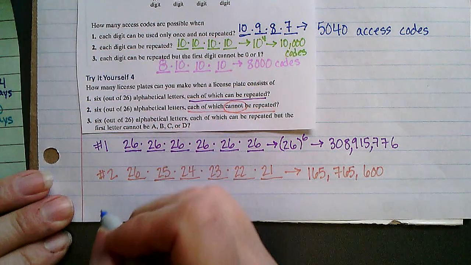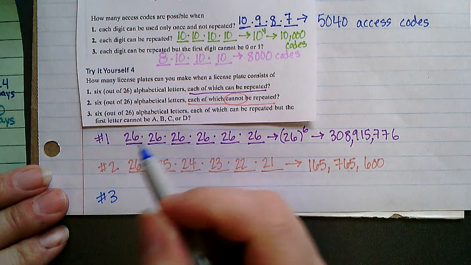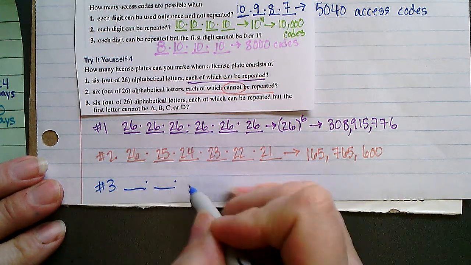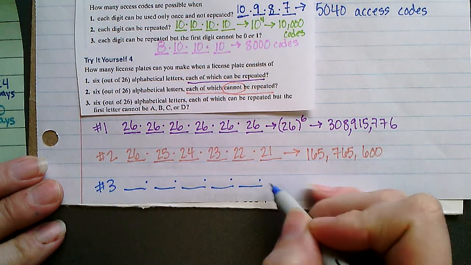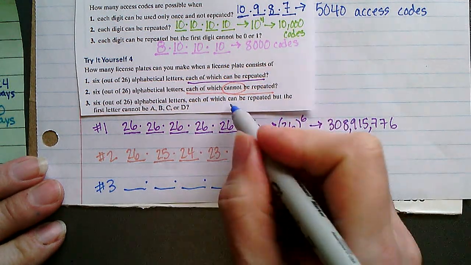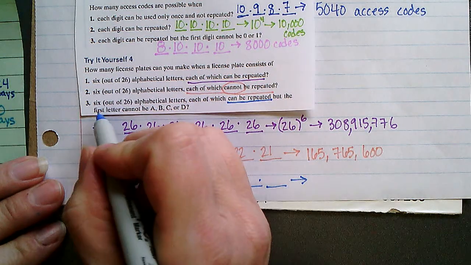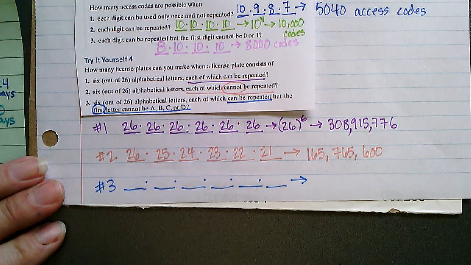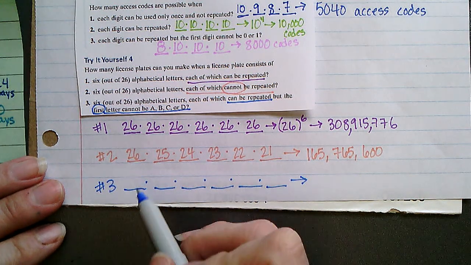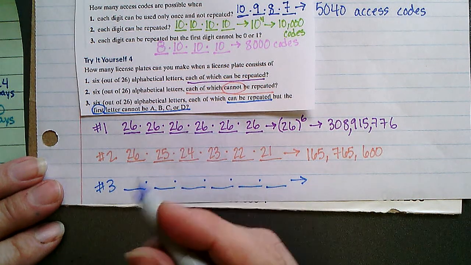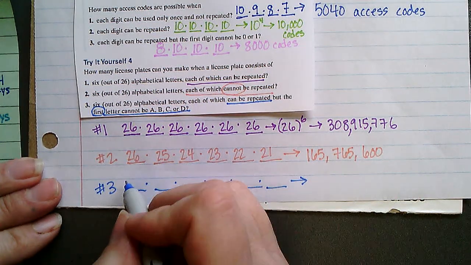And then last, we're still going to have 6 letters. Each of which can be repeated, but the first letter cannot be A, B, C, or D. So on my first letter, instead of having 26 choices, A, B, C, and D are knocked out, so I only have 22 choices.